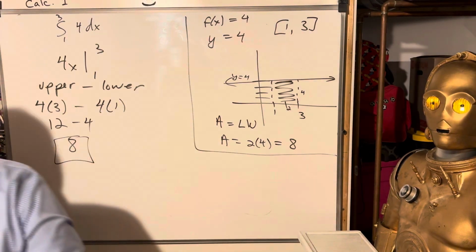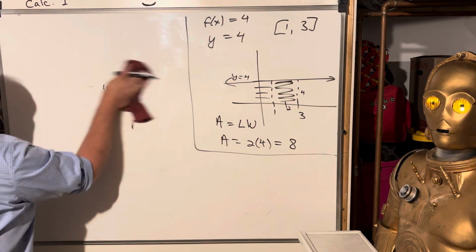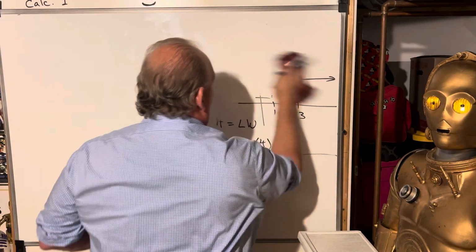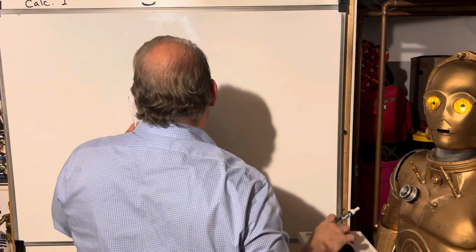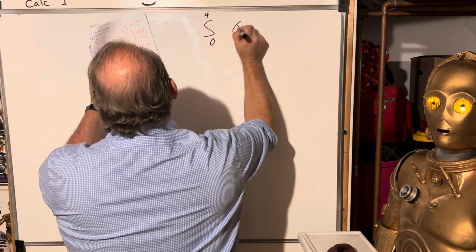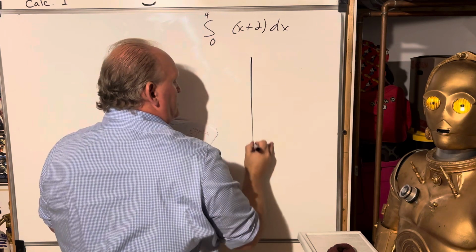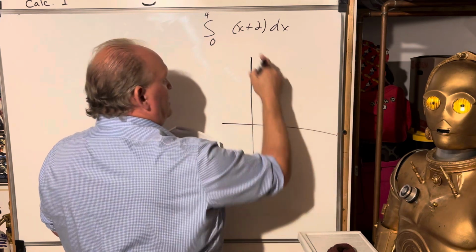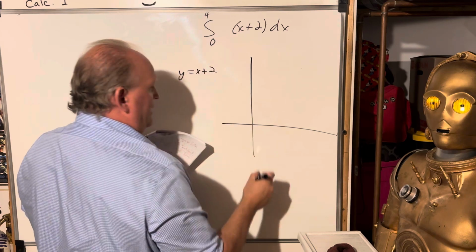Let's do another one. So we'll do it geometrically. We got 0 to 4 of x plus 2 dx. So again, using just geometry, you got to remember y equals x plus 2. You got to remember how to graph a line.